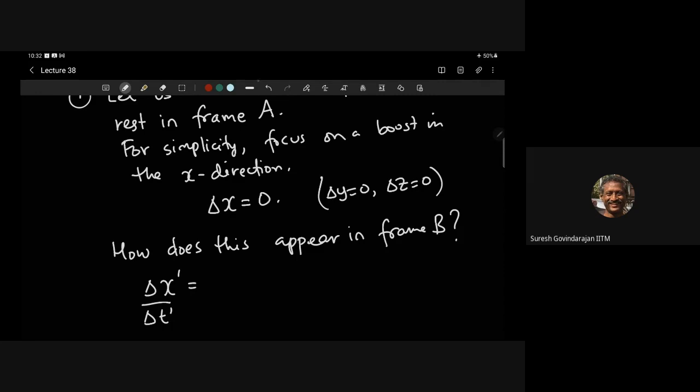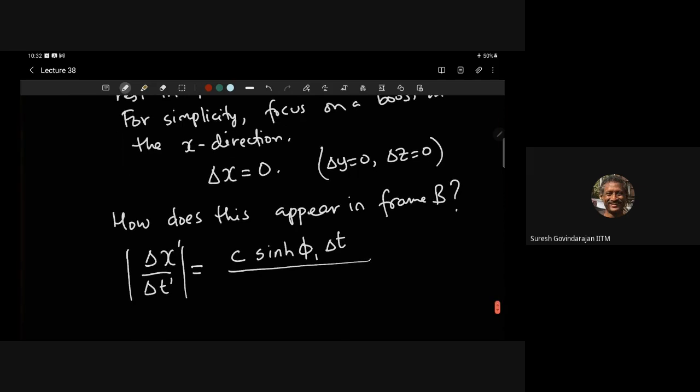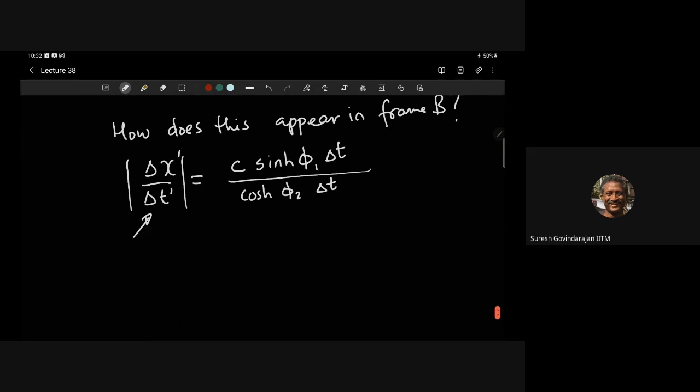We know how these things transform, so just write that. This will be equal to c times sinh phi on delta t, taking the modulus. So this is what we would say is the speed.